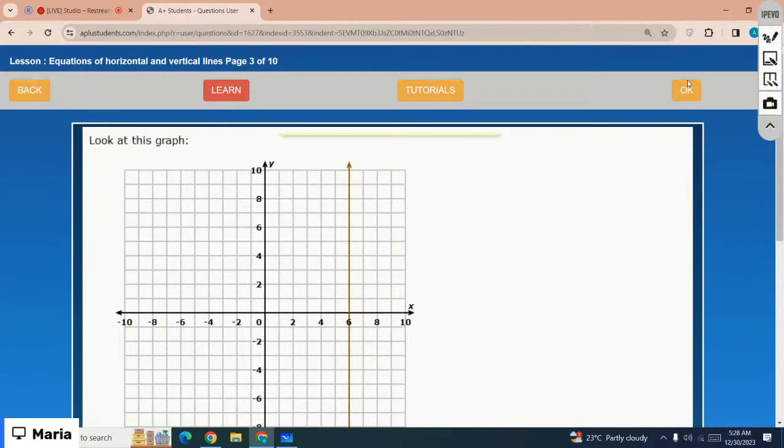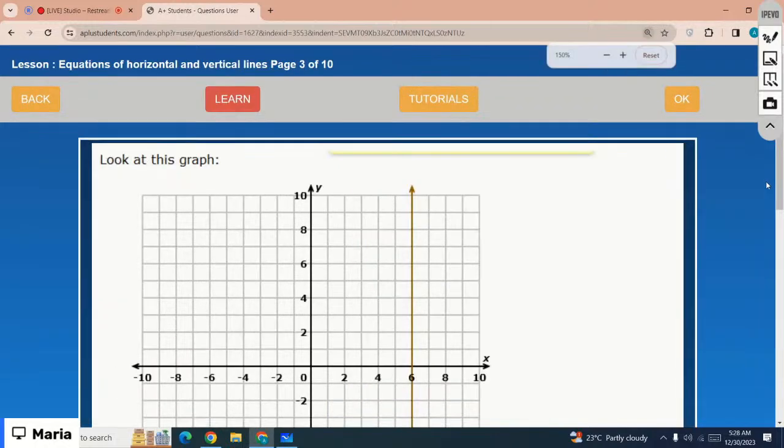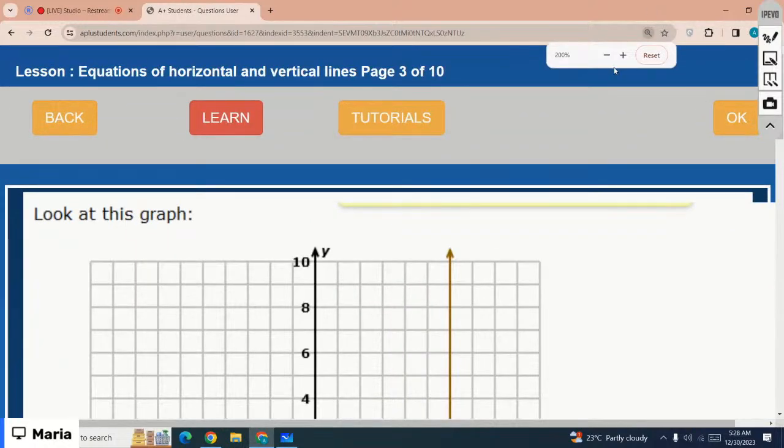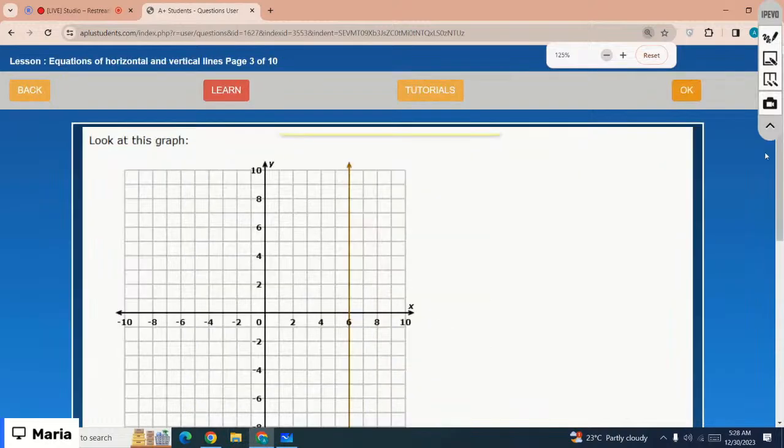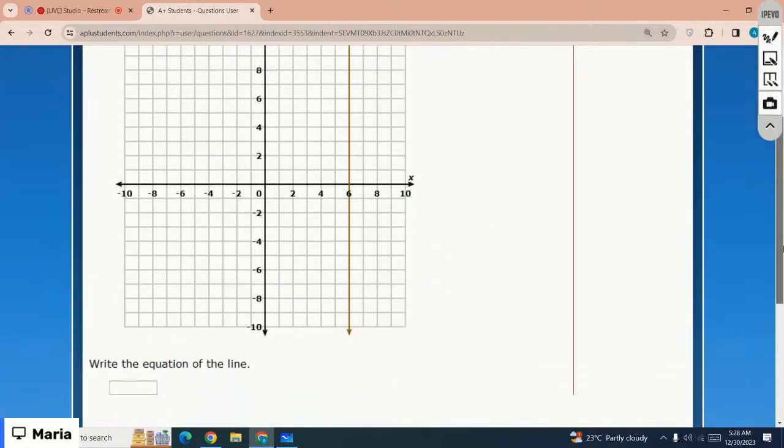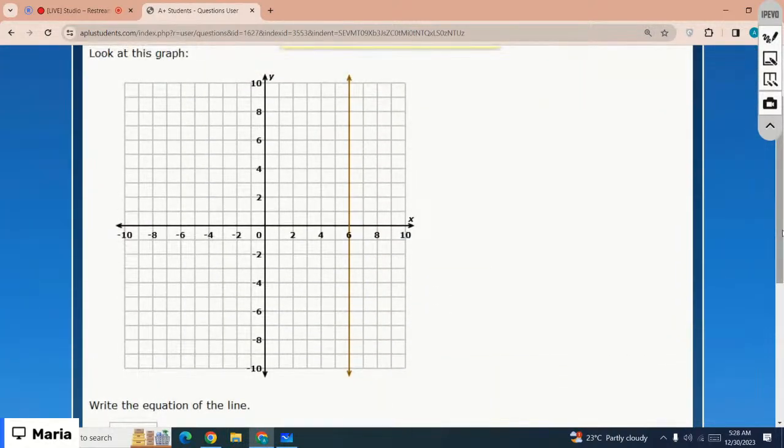The next one is, look at this graph and write the equation of the line. So which is the correct option? Which is the equation of the line?